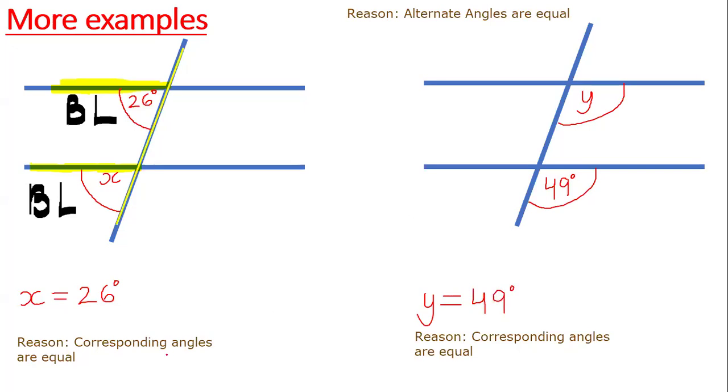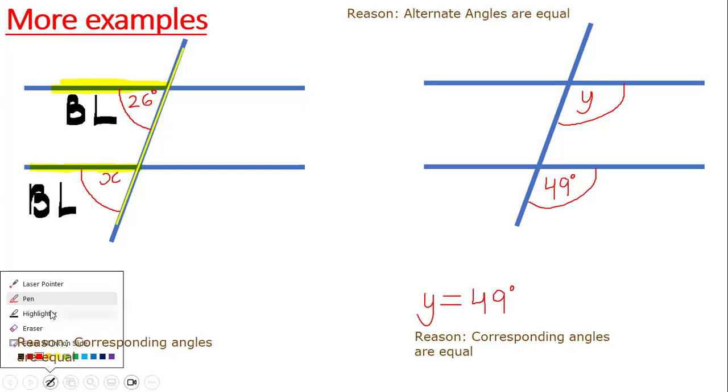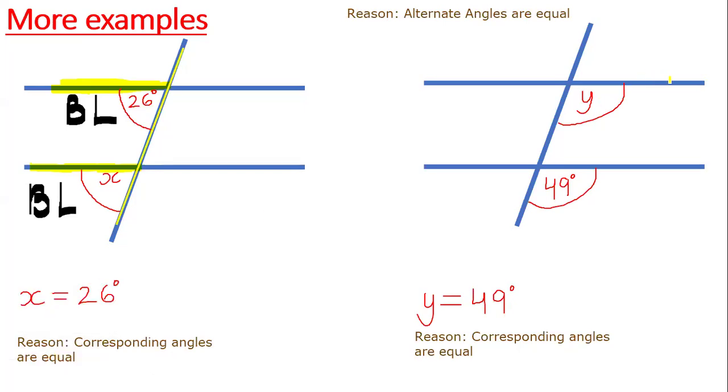Because it's corresponding angles. Very good. Corresponding angles are equal. And I show the F, this F right there. And we have the line here, and so we go down here. And so this is the F. So Y is equal to 49 because corresponding angles are equal.